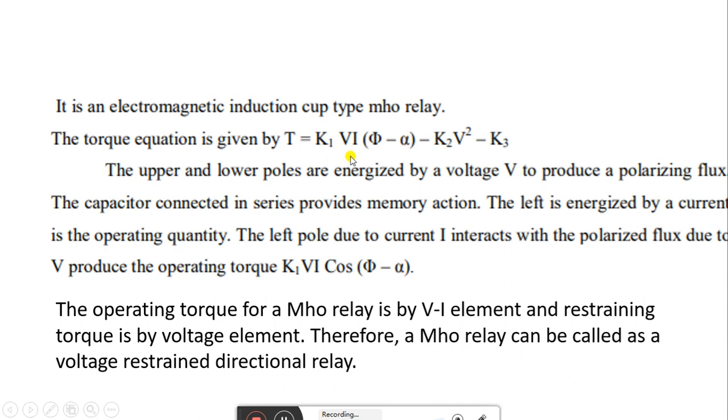Because there is one restraining coil operated by the voltage, so it is written as K2 V square, and the operating coil has interaction by both voltage and current element, where alpha is the phase difference between the voltage and current.